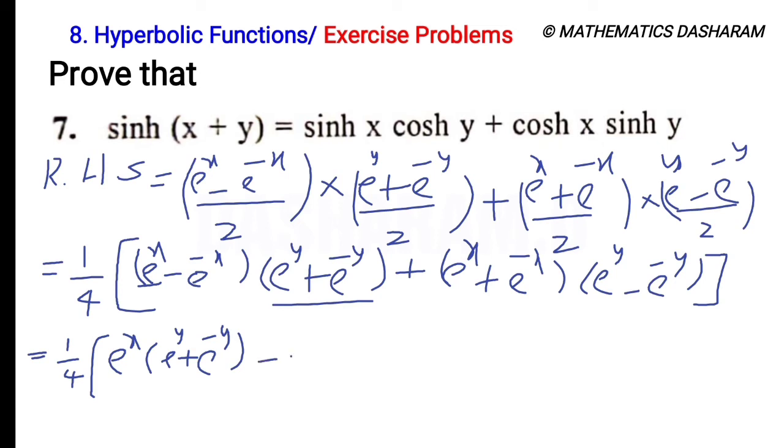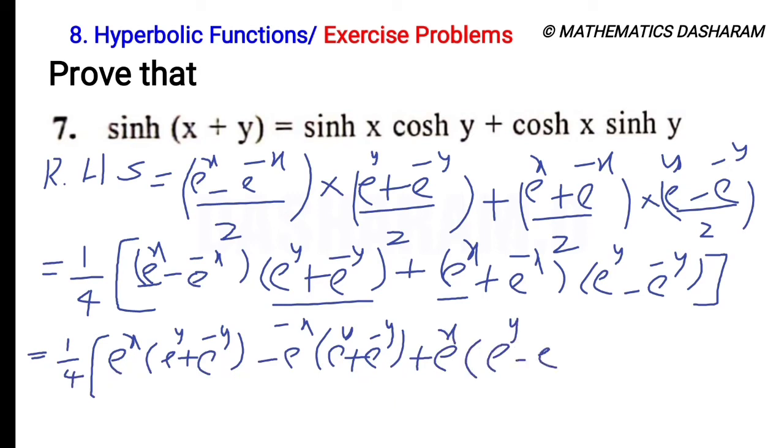Next, second term: e^(-x) into e^y plus e^(-y), plus, so here the first term is e^x multiplied with the second term e^y minus e^(-y), plus e^(-x) into e^y minus e^(-y).